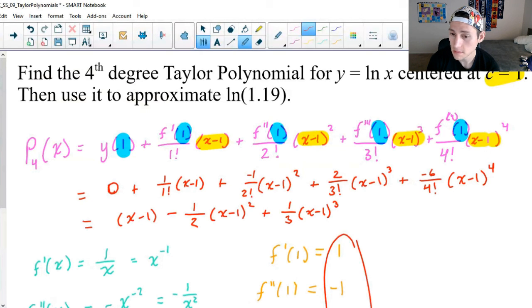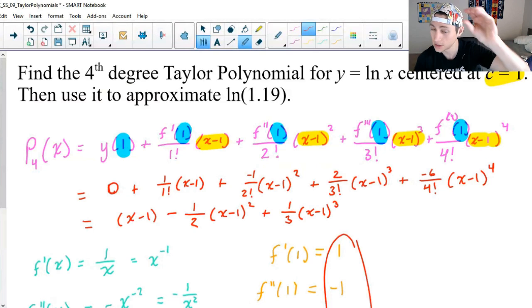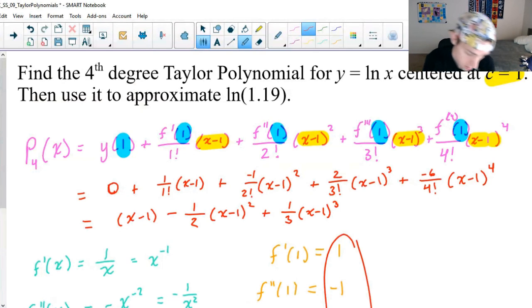And then for my last term, negative 6 over 4 factorial. Now 4 factorial is 4 times 3 times 2 times 1. Well, wait a minute. Inside of 4 factorial, there's a 3 times 2, and 3 times 2 is 6. So I have a 6 in the numerator and 6 in the denominator.